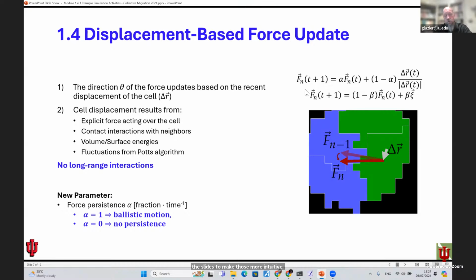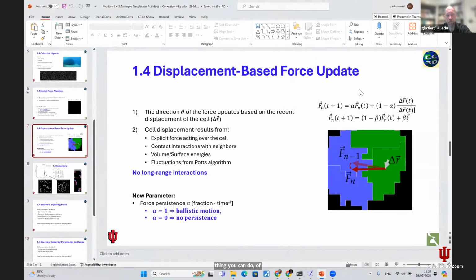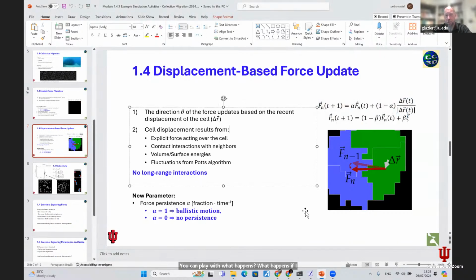The other thing you can do, of course, is that one of the reasons you build simulations is that by working with them, you can see how the mathematics plays out. If you don't have the intuition to begin with, you can play with what happens. What happens if I make alpha bigger? What happens if I make beta bigger or smaller?